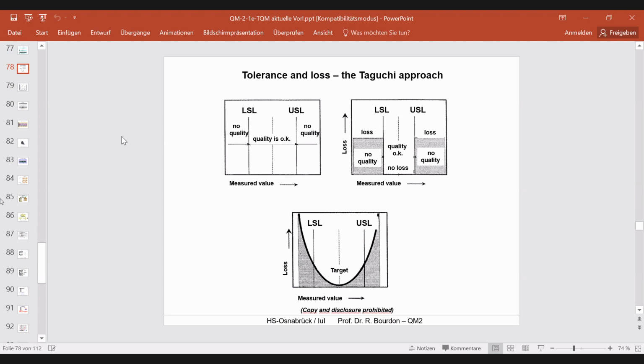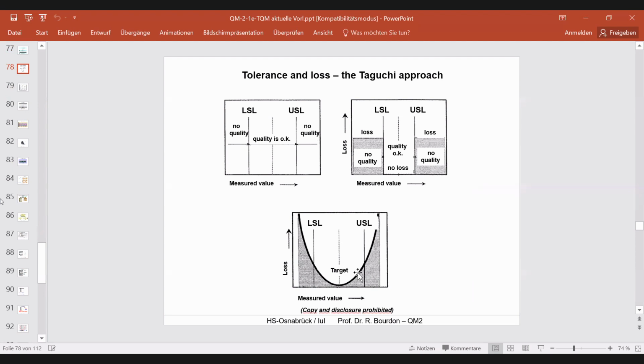Why is that? Because this is what he could show. He could show that the probability that a product fails and becomes defective is the earlier the more the distance is from the target, even in the tolerance area here.